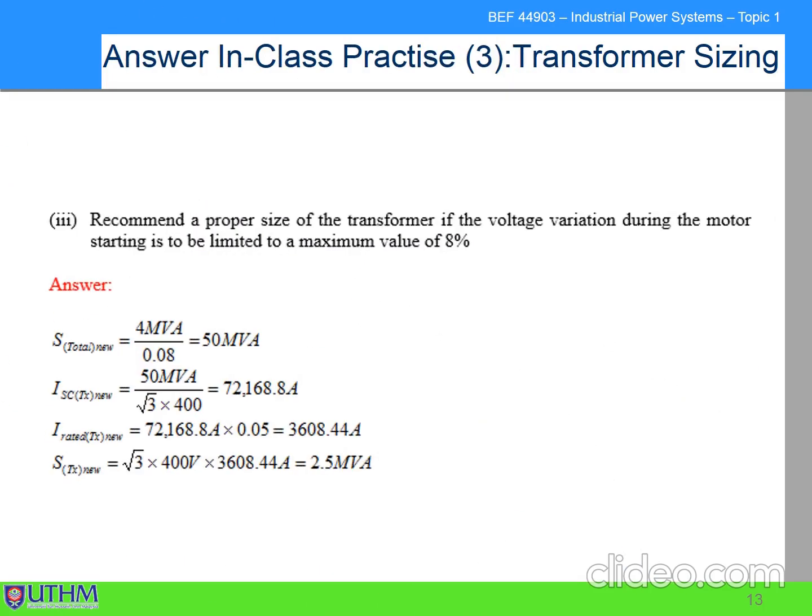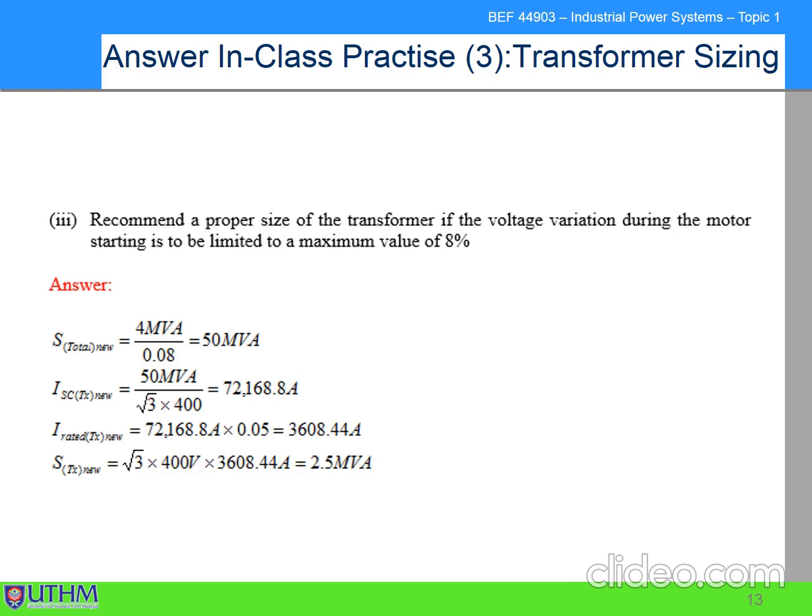Last question: we recommend a proper size of transformer if the voltage variation during motor starting is to be limited to a maximum value of 8% only. So we find S total. 4 MVA is the value of S during motor starting, but we divide by 0.08 because this is the maximum limit of 8%.